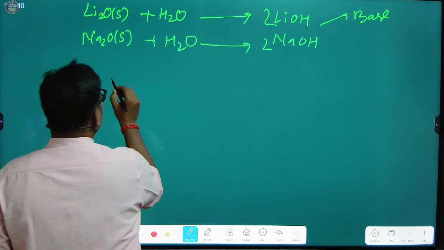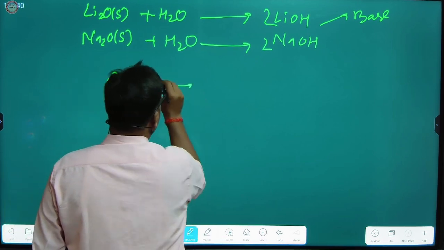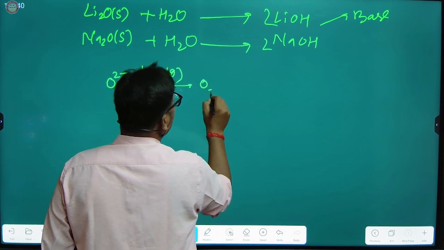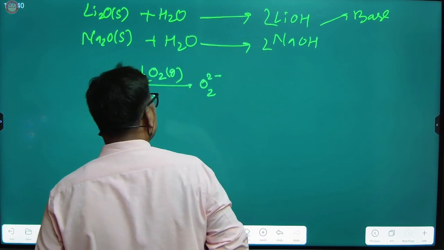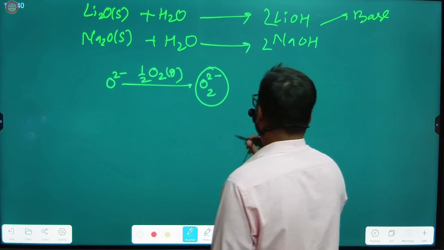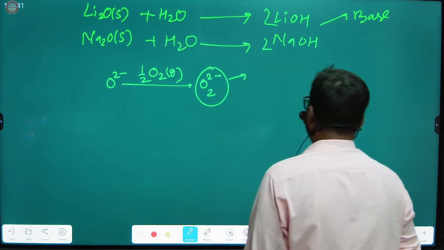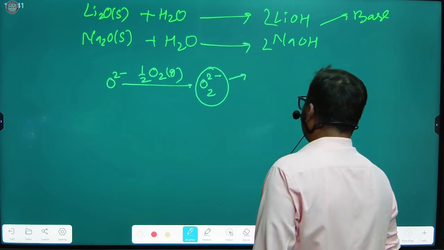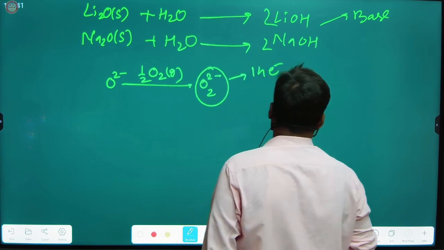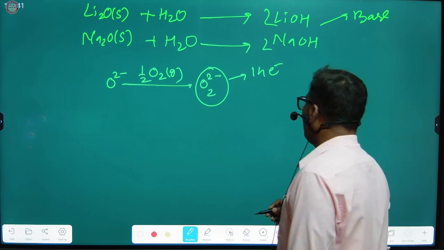As you know, once the oxide anion reacts with more oxygen, that is half O2 in the gaseous state, they form O2 2 minus. Here the two oxygen atoms together carry two negative charges. The total number of valence electrons in this species is 14, so all electrons are supposed to be paired.